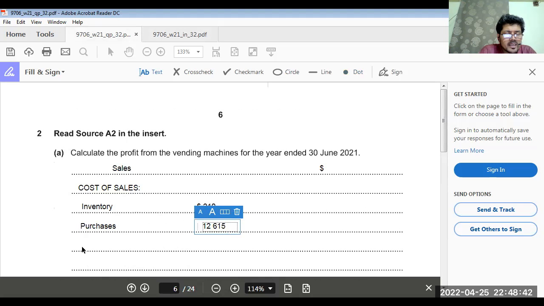Okay. Now inventory, again, ending inventory. We write it over here, at start and at end.